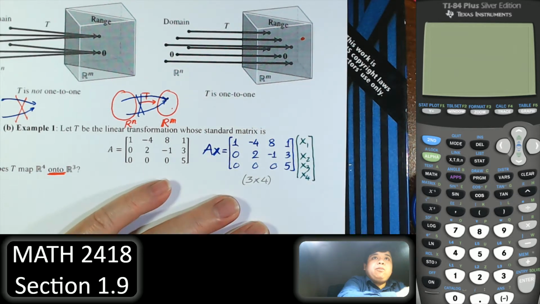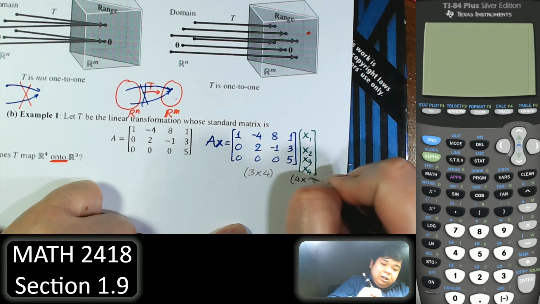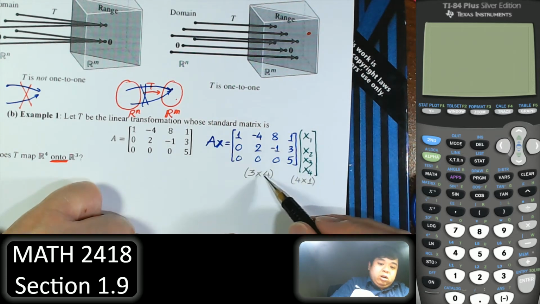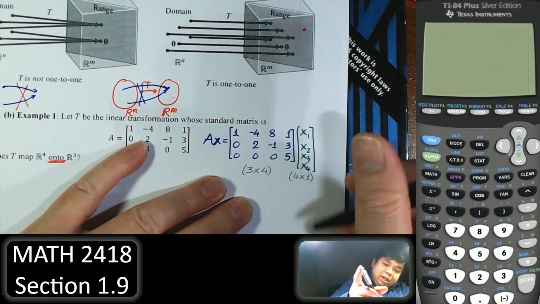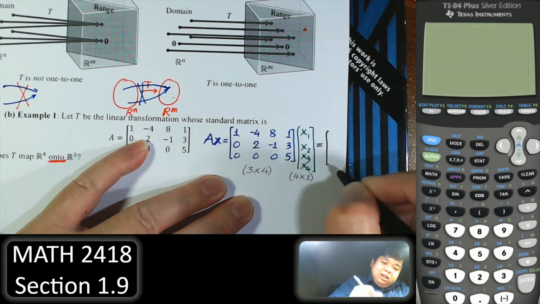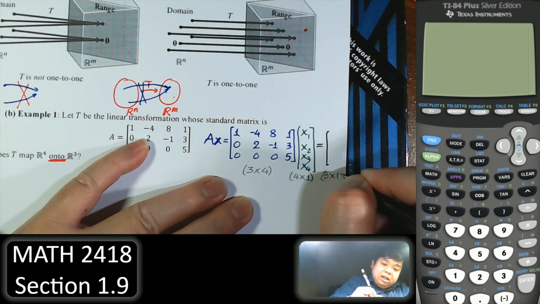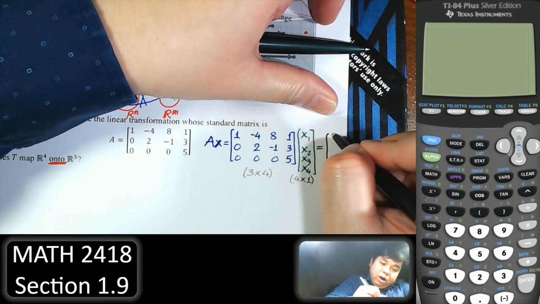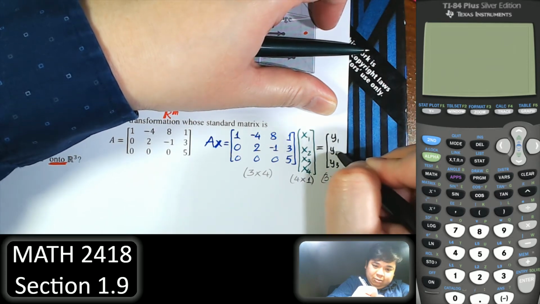So that's how matrix multiplication works: the middle numbers must be the same, and the outside is going to be whatever it is. It's going to be 3 by 1, but let's say that it is going to be y1, y2, and y3, right?